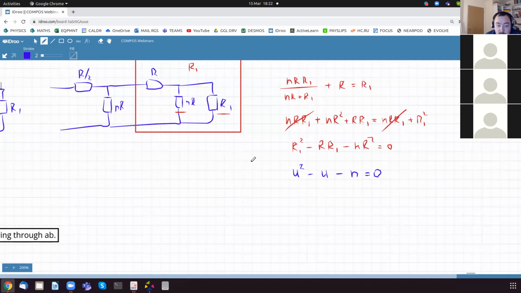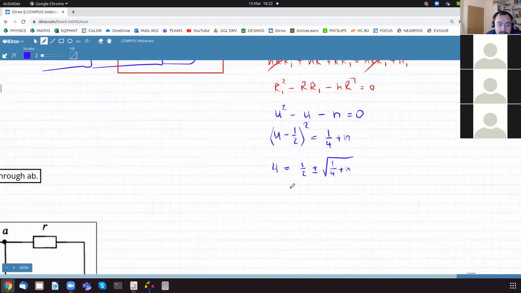And in a very similar way, I have U minus a half squared equals a quarter plus N. In other words, U is equal to a half plus or minus square root of a quarter plus N. In other words, R1 is equal to this thing, 1/2.